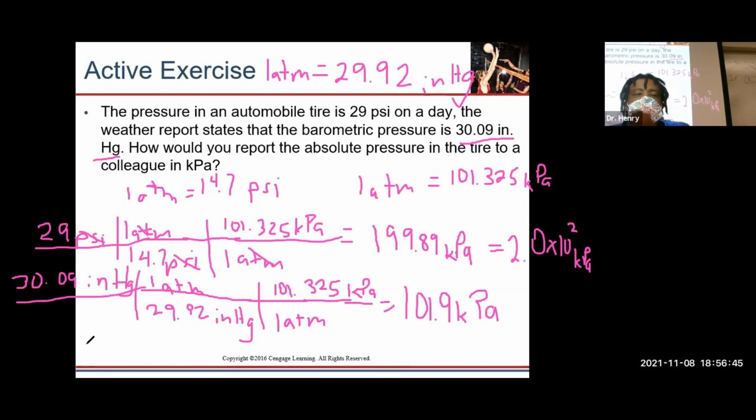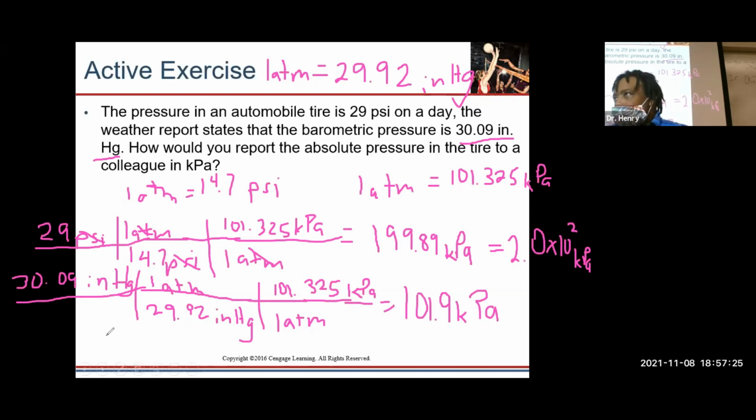Oh, all right. What is the next thing that we need to do? Because we want the absolute pressure. Kind of like the flask, exactly. Yes, we're going to add them. So we have, keep doing that.